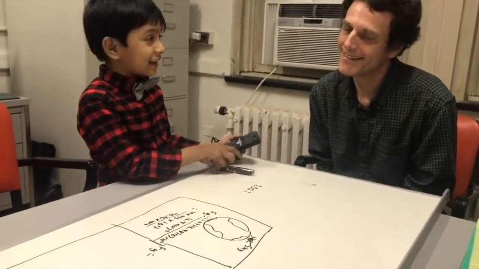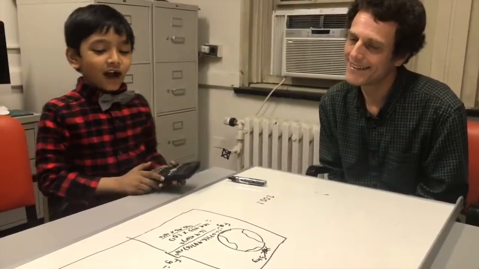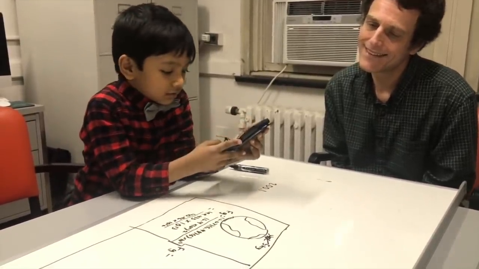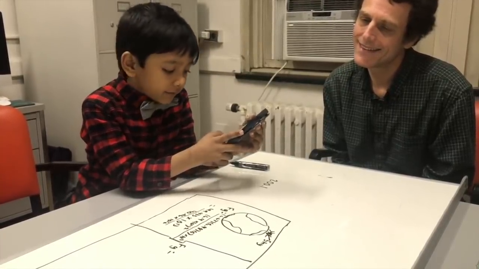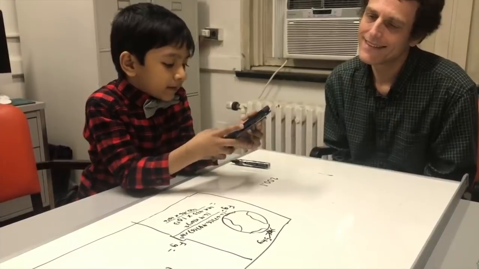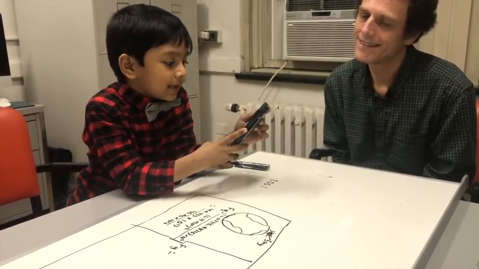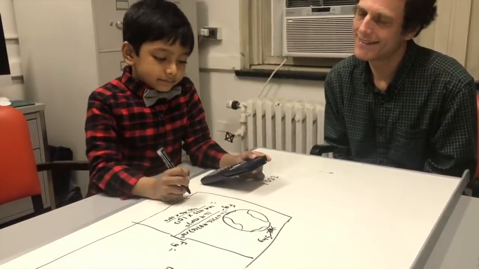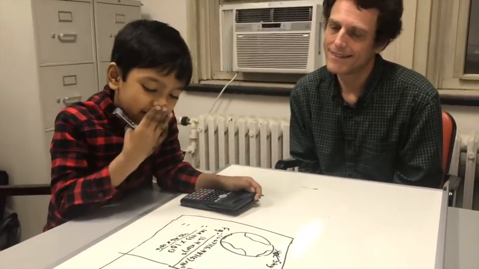We don't know if he's gonna survive or not. So what's it? 199.433 divided by 40.96? 4.86896.9727. So it's close to 5 newtons.